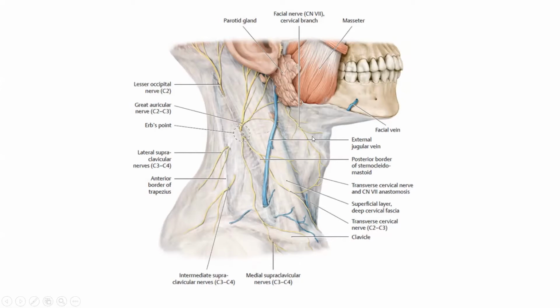This connection of the cervical branch of the facial nerve from the parotid plexus and the transverse cervical nerve makes an anastomosis, and this anastomosis is called the superficial ansa cervicalis, which is, as a matter of fact, mixed, motoric from the facial nerve and sensitive from the cervical plexus. So this is the ansa cervicalis that is important.